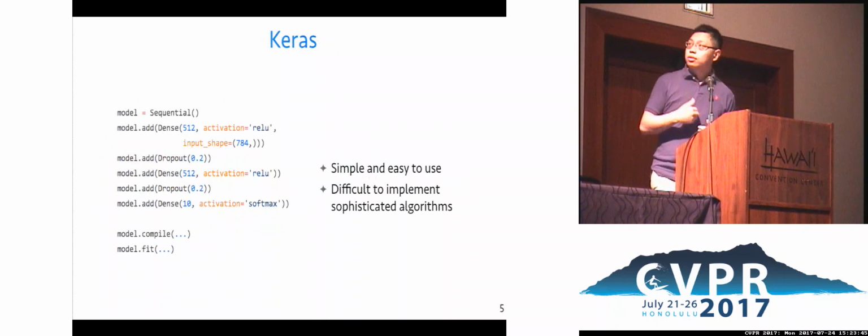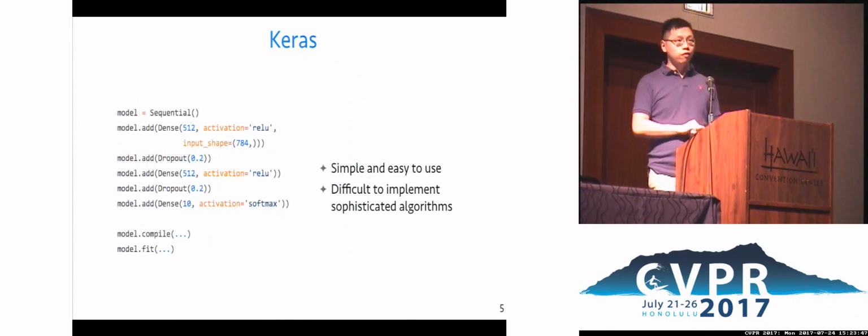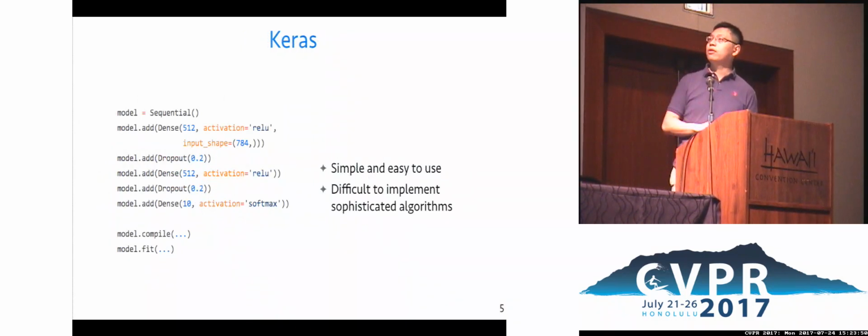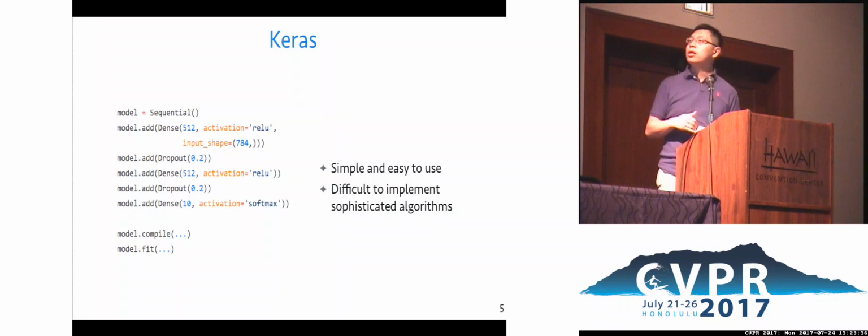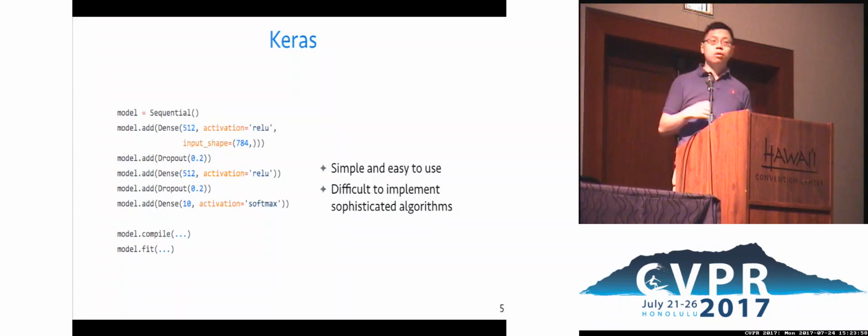Keras, on the other hand, tries to simplify the interface. Here is how Keras defines a multi-layer perceptron with two hidden layers. You first call Sequential, which is a container that allows you to push all these layers into a queue, and then you add a dense layer.